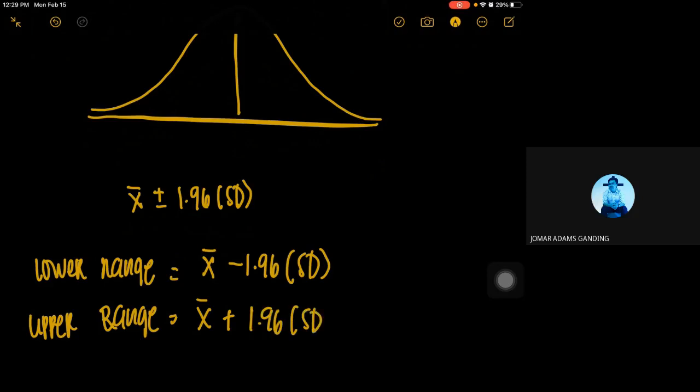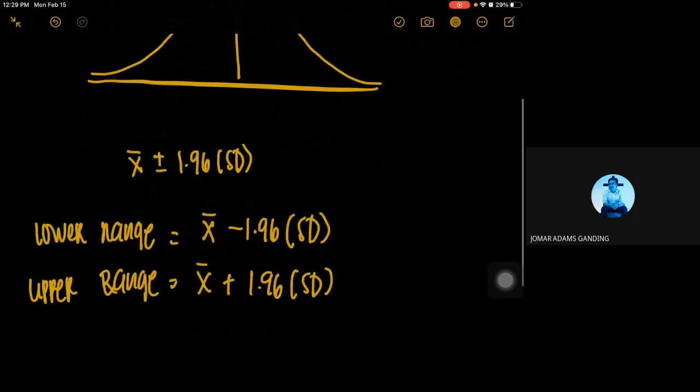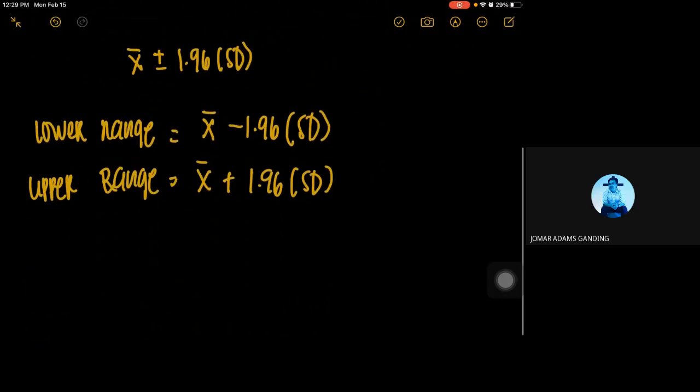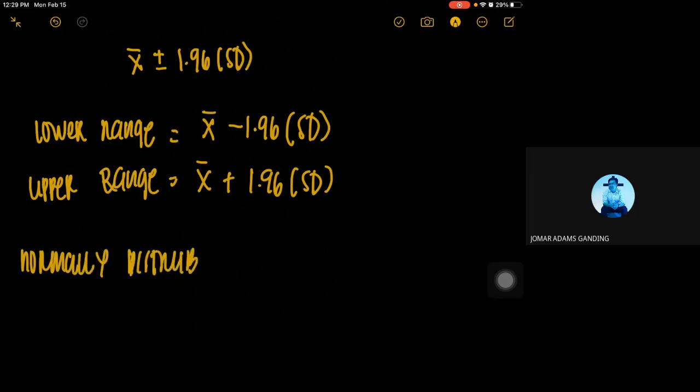So take for example, we have a particular example on the screen. The data was mentioned to be normally distributed, so that is already okay.